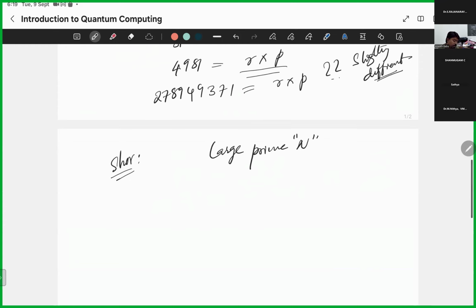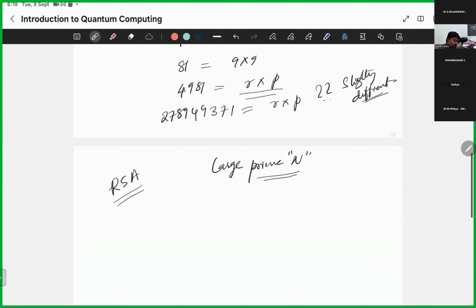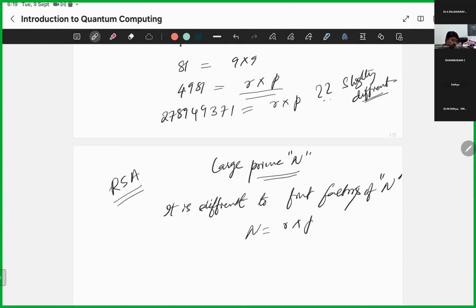RSA encryption was based on that. They will take large prime numbers, and it is difficult to find the factors of this n. So n is r times p, and finding r and p is difficult.